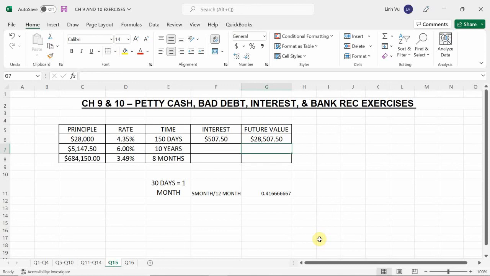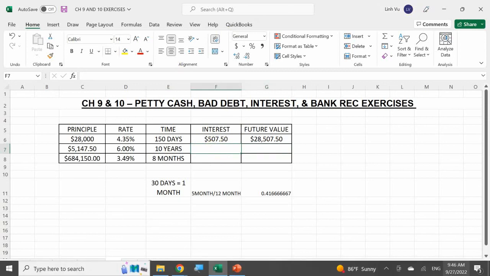If you had a principal of $5,147.50, your interest rate is 6%, and you have it for 10 years. Oh, 3,000.